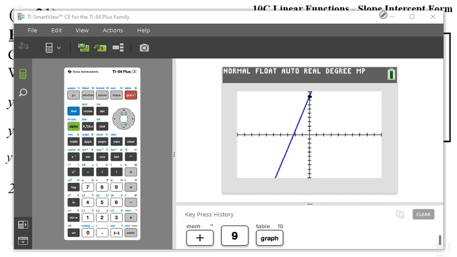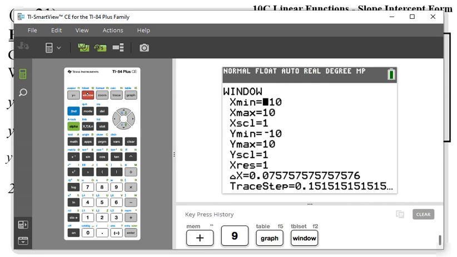Well, what could I change so that I see more? This is where up at the top, right beside the y equals is the window button. It's now highlighted. You see that we have x min, x max, y min, y max. Those are the 4 to focus on.